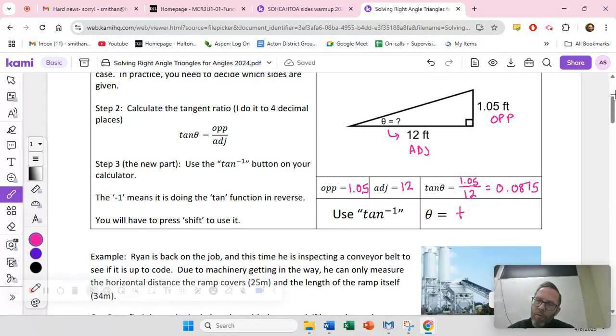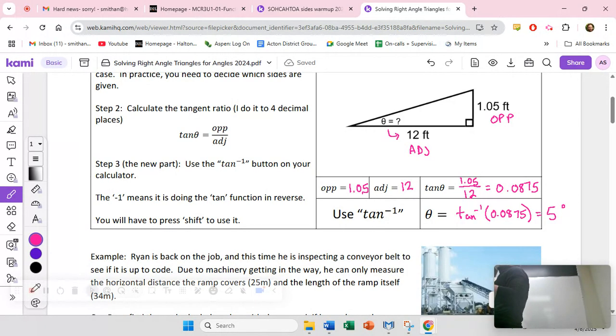For those of you using a display calculator, you would have inverse tan of 0.0875, and then it will spit out an answer. I will do it now, and then I will tour the room and make sure everybody is okay. I did that, and I got pretty much 5 degrees. It looks like our wheelchair ramp is up to code.